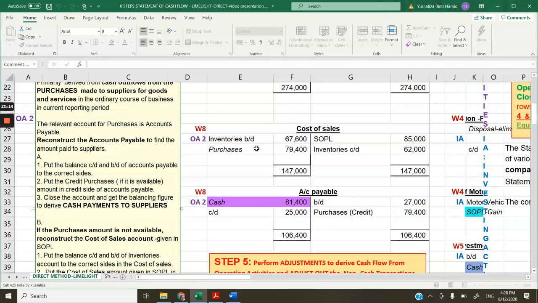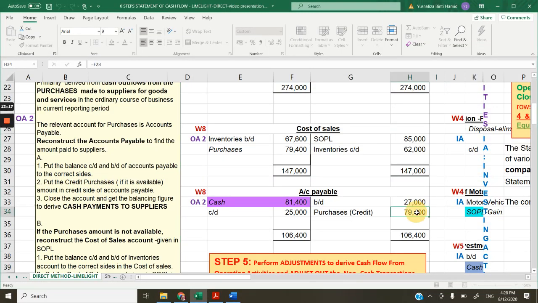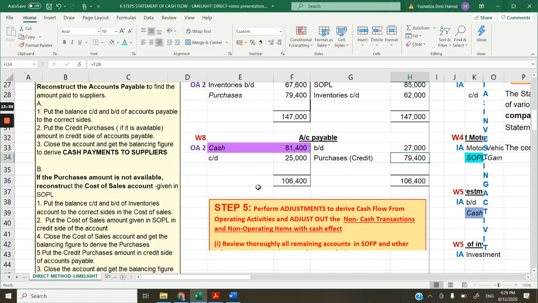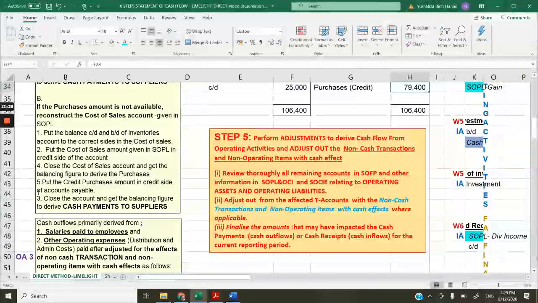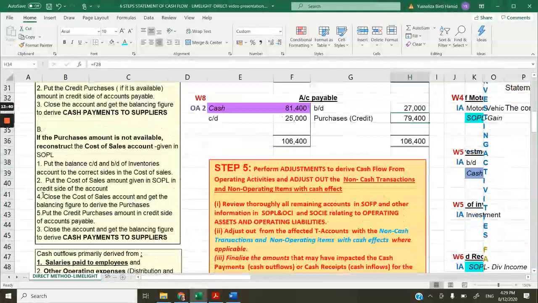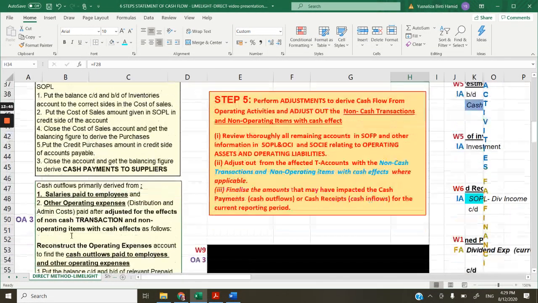When I get the purchase, I transfer the purchase here, right? And when I've transferred the purchase here, the debit is less than the credit side, so the balancing figure is on the debit side. That will be your balancing figure, which is your cash payments to supplier. So you got that, right? So that was the following step in B there, which is the OA to B workings, right?